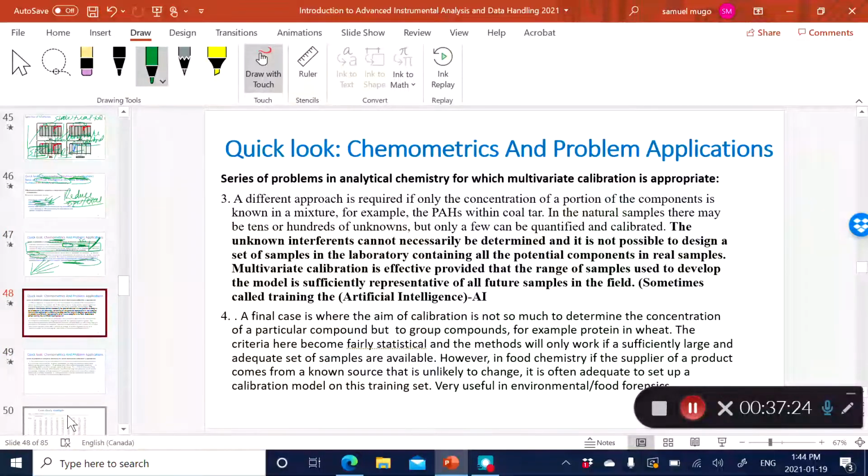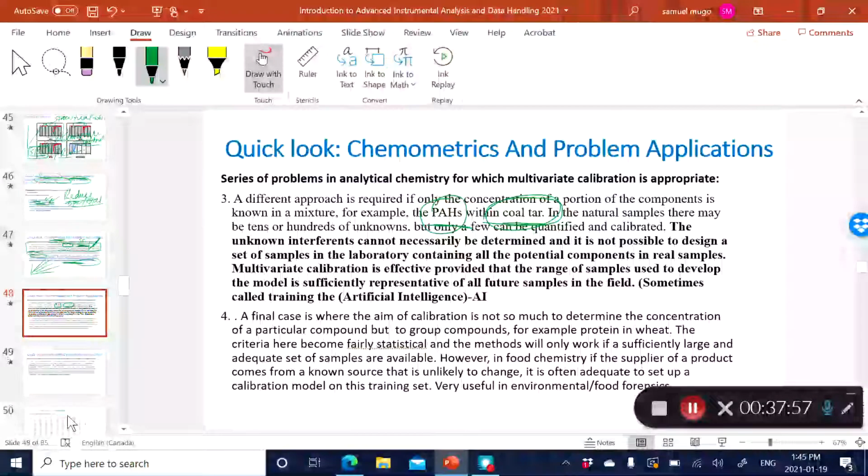Another more complex problem here now is where I'm trying to analyze, say, polyaromatic hydrocarbons, which are carcinogenic compounds, present in a coal tar. Now, you can see, unlike my previous problem, where I've got only 4 pharmaceutical compounds, in this case, I could have up to 20 or more different polyaromatic hydrocarbons present in my coal tar, meaning it will be very, very difficult for me to actually build very accurate standards because I do not know what else could be present in the coal tar.